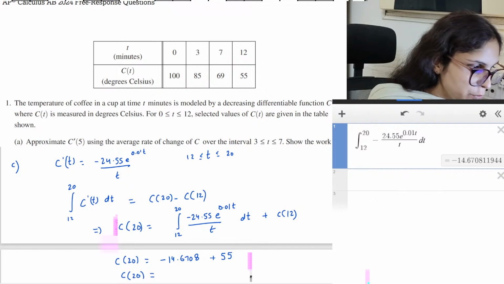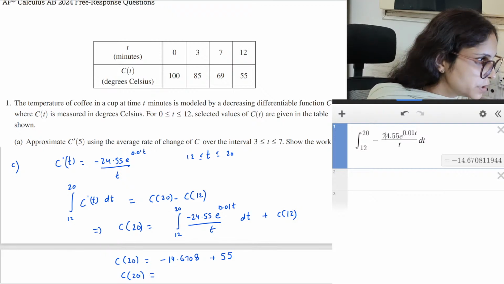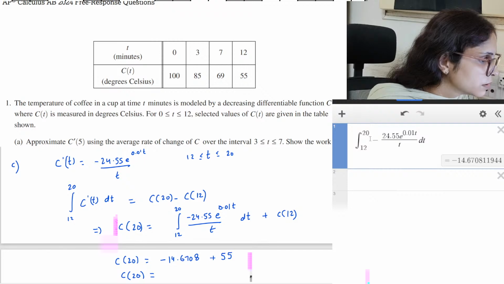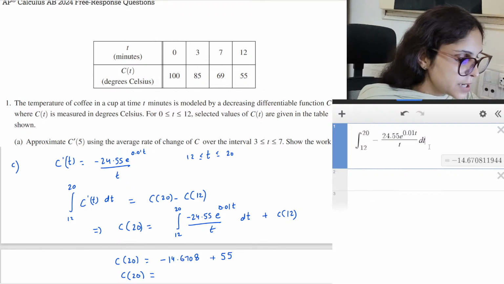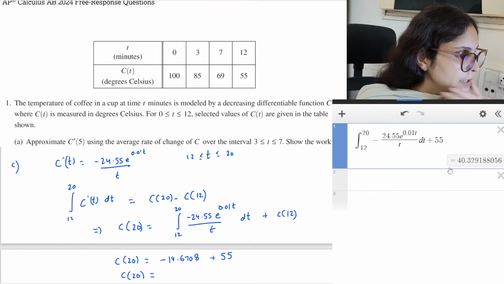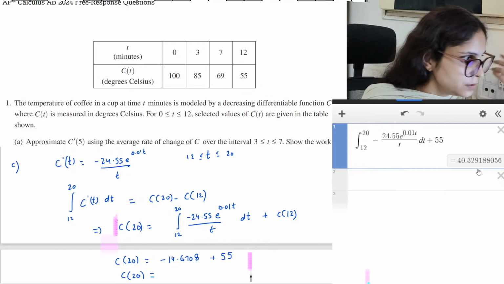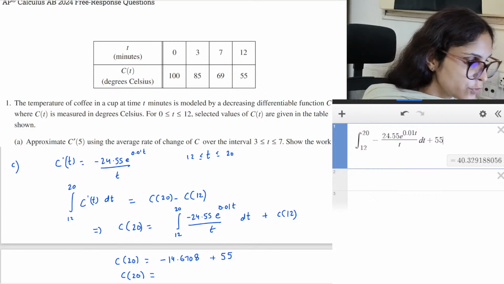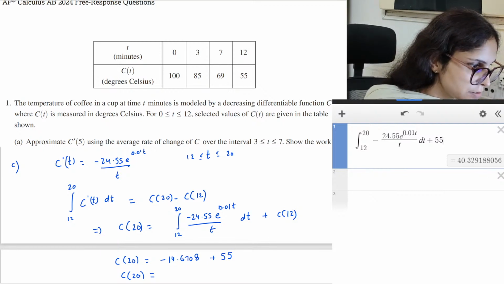So temperature at 20 minutes is going to be, now I can just add 55 to it. And the answer is 40.329. So it is 40.329 degrees Celsius.